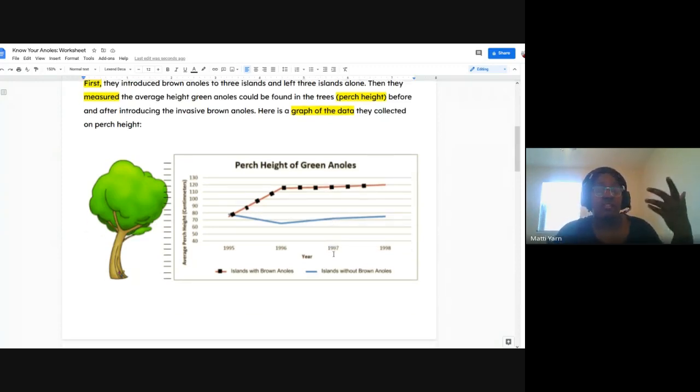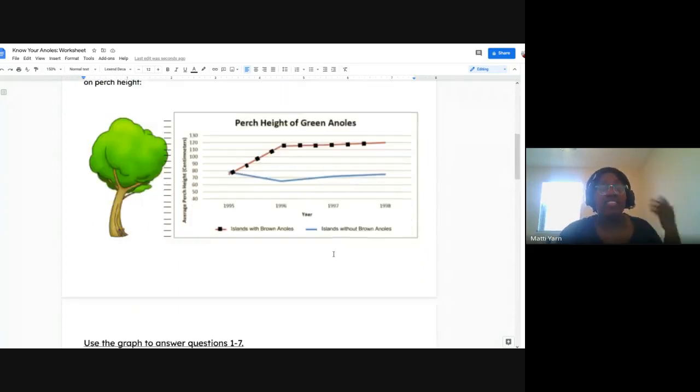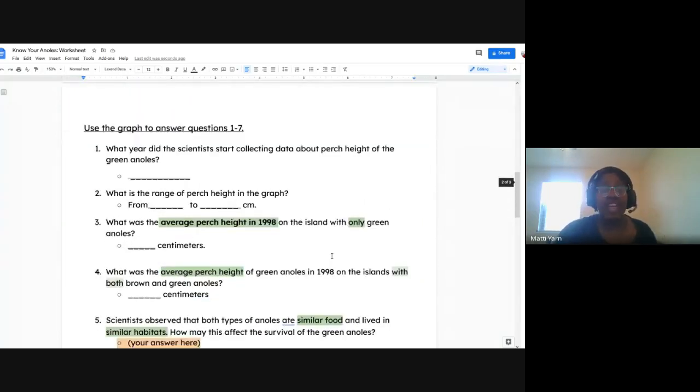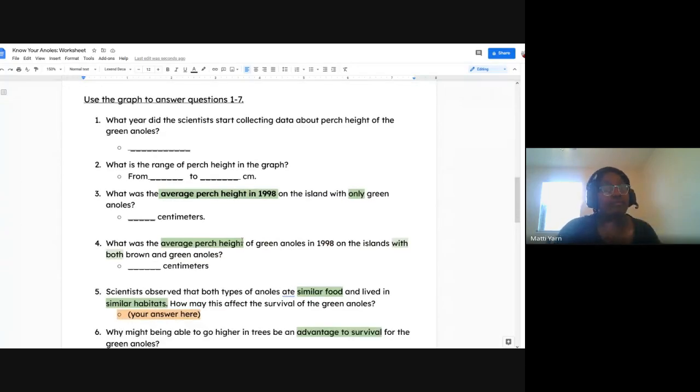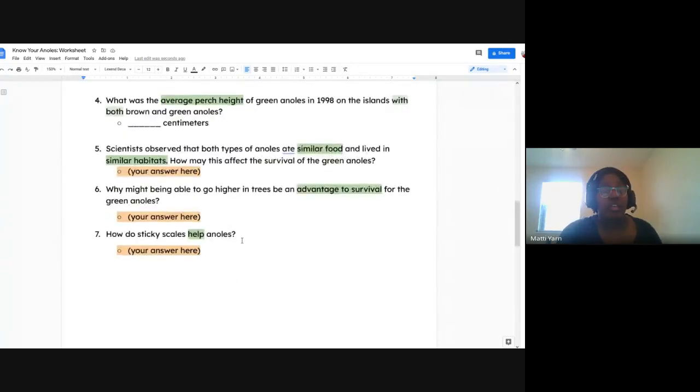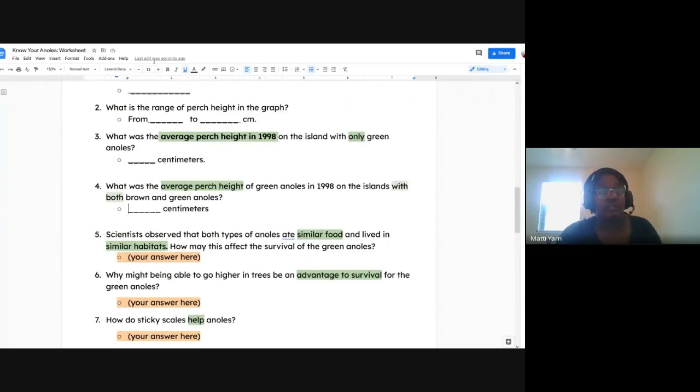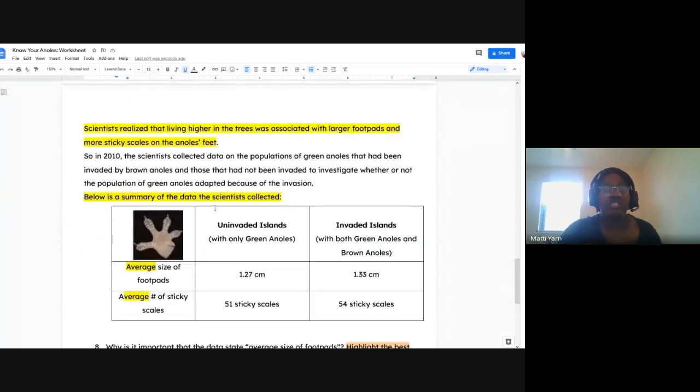And so they did basically a study about how they perched, and then you're going to answer some questions about that study. Okay, again, I tried to highlight and bold some things that are important there, and give you places to answer your questions. All right, all this comes from the graph information. And then there's three other questions that relate to the second study, which is about these sticky pads on the hands or the paws of the anoles: how many pads did they have and how big were their hands?